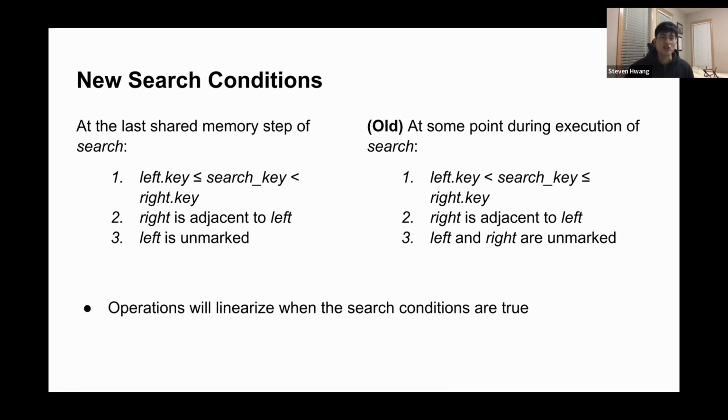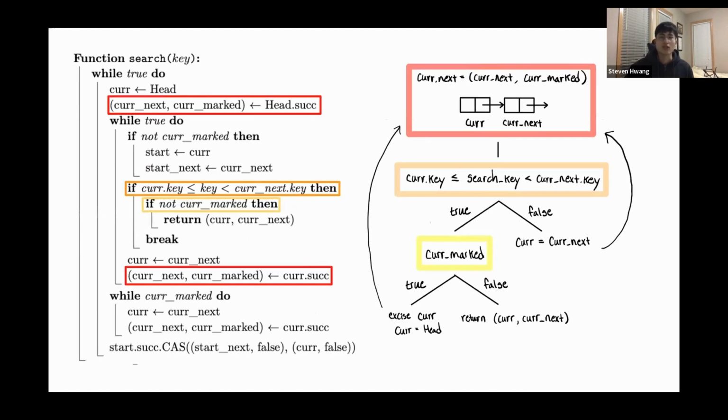The same idea is true as well, where these operations will linearize when the search conditions were true. In this case, that will be at the last shared memory step of search. So our search method guarantees this in the following way. It maintains two pointers to nodes, cur and cur next, and these are potential candidates to be returned as the left and right nodes.